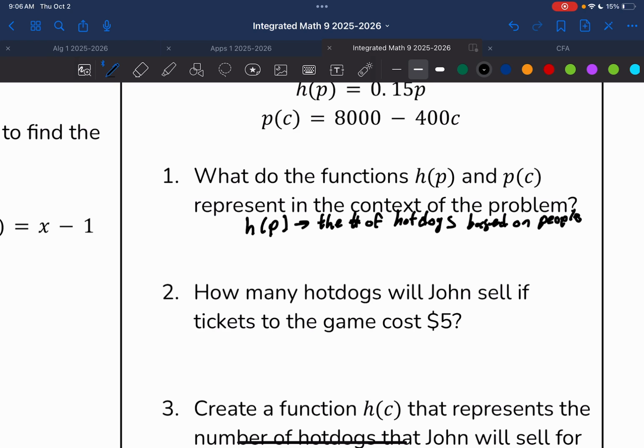So the number of hot dogs sold as a function of the number of people in the stadium. And p of c, that represents the number of people in the stadium based on the cost of the tickets.